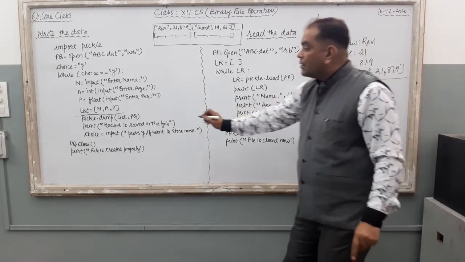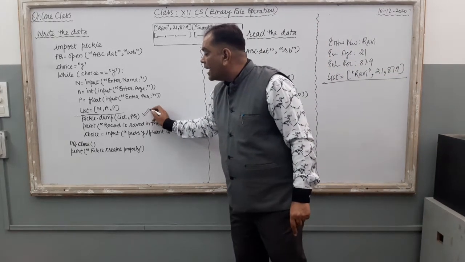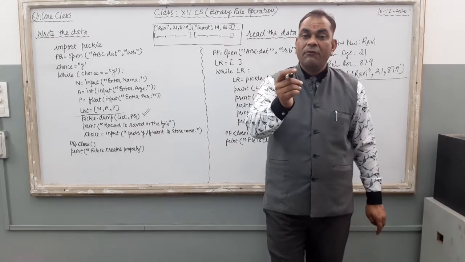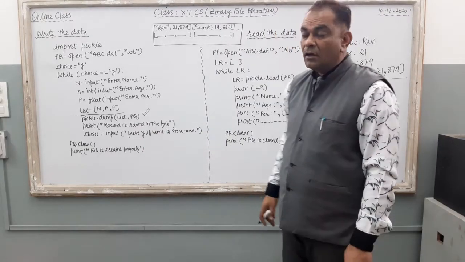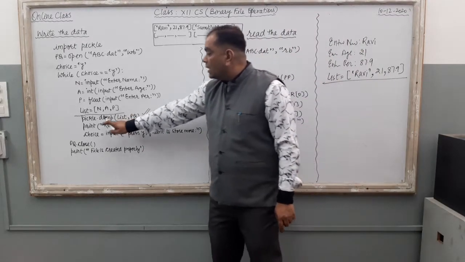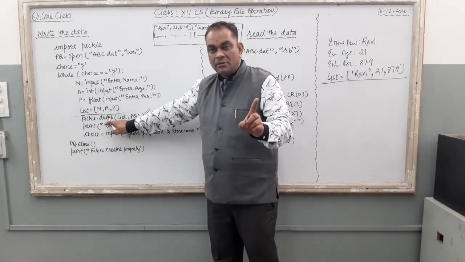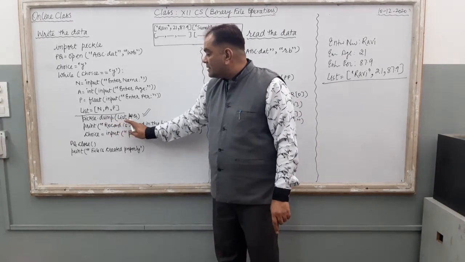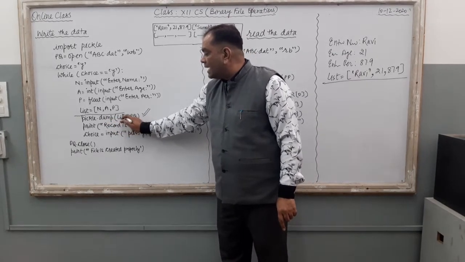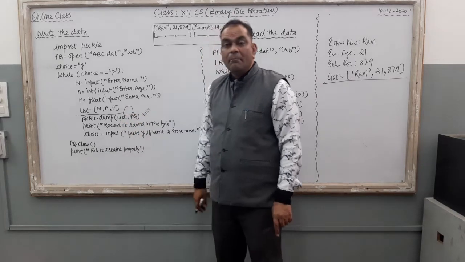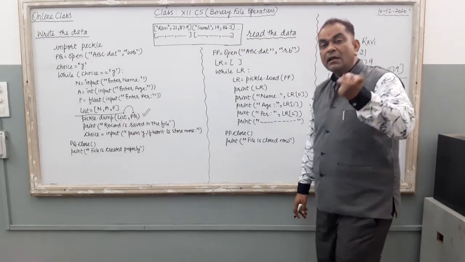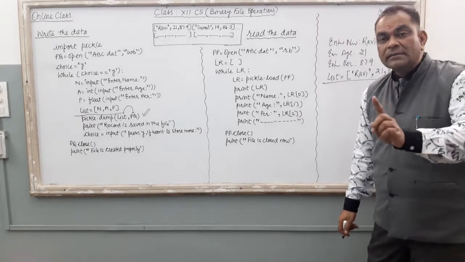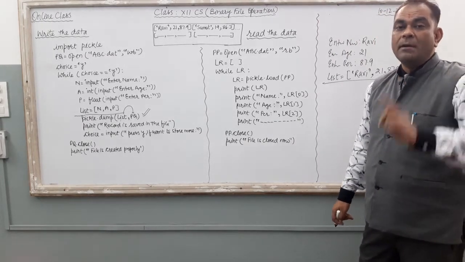Now we are going to write this object into the binary file. For that the dump function of the pickle module is useful. So just see the command: pickle.dump(list, pq), small letters only. List is the object and you want to write this object into the pq file handle. This pq file handle is available inside the computer's memory.